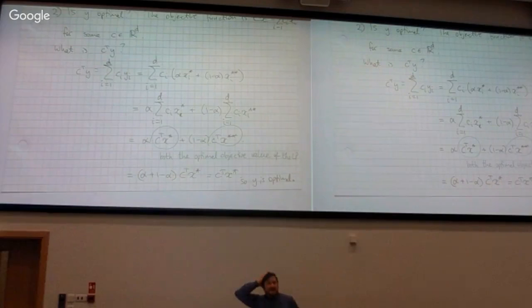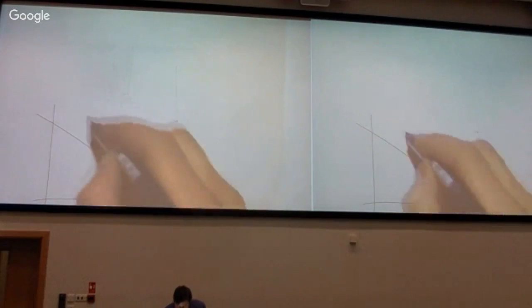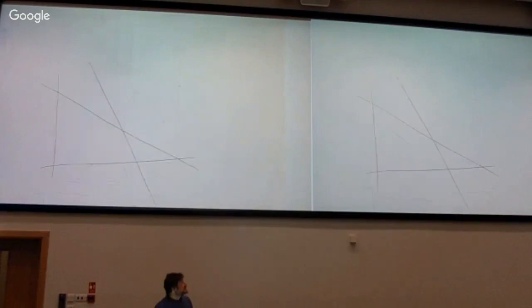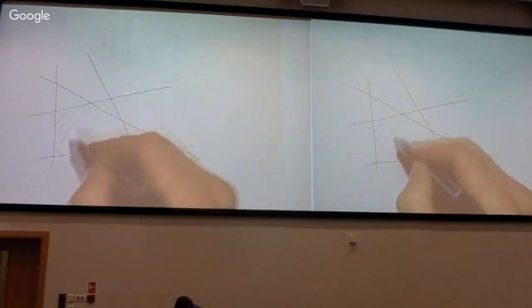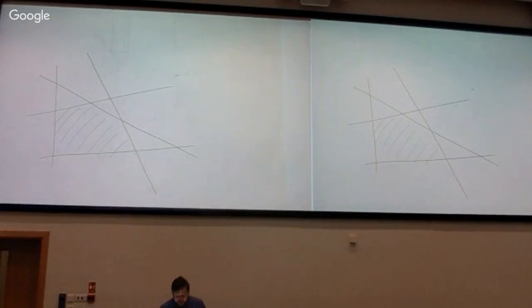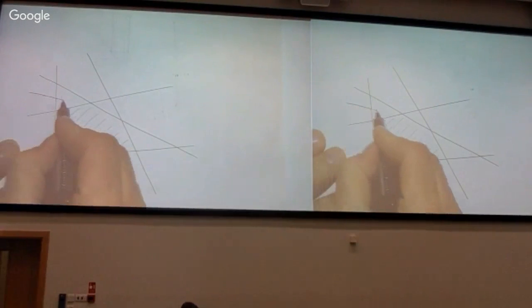There's a second form of degeneracy in linear programming, which I don't really want to spend any time on. What we're used to is constraints look like this. And then you might have another one. So it can happen that you get another constraint that goes through the same intersection point.